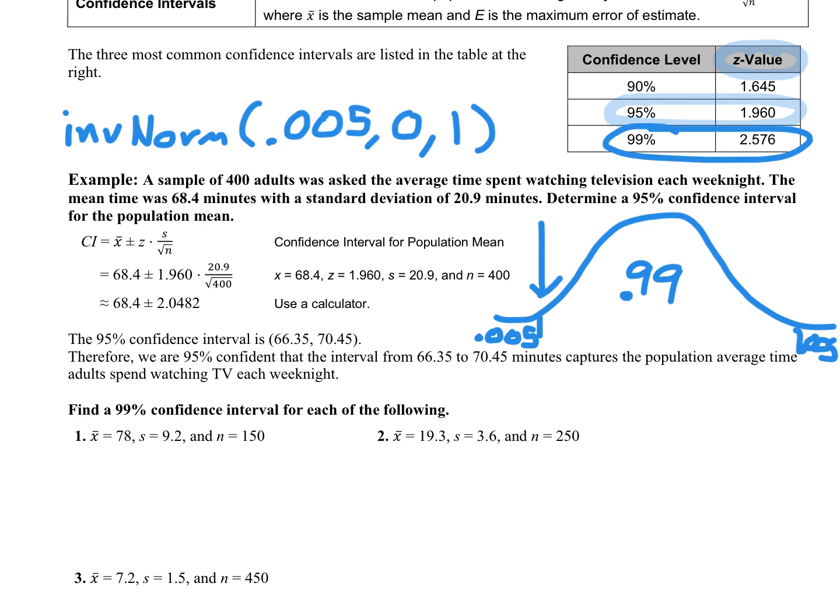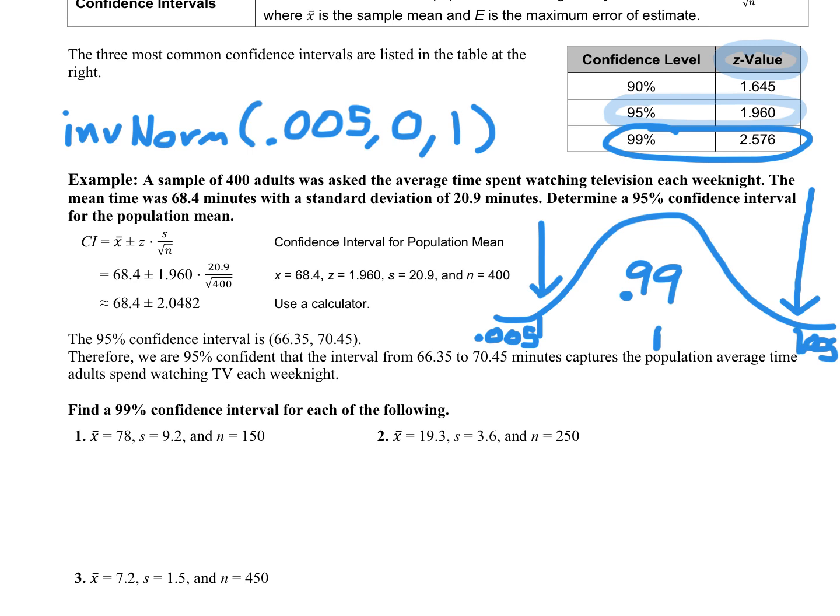If you do this, you basically get the 2.576 but negative. Because we're below the mean, it's obviously going to have a negative z value. Now, if I wanted the positive z value, I would have had to tell the calculator that the location has 0.995 of the data to the left of it.